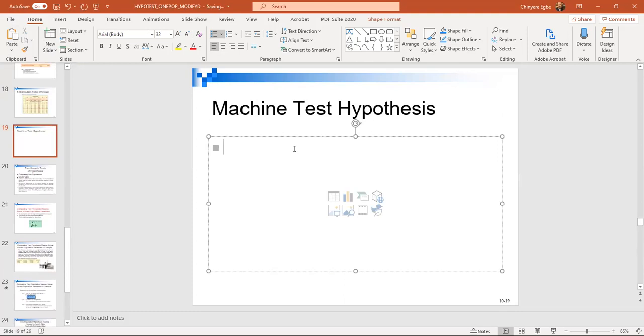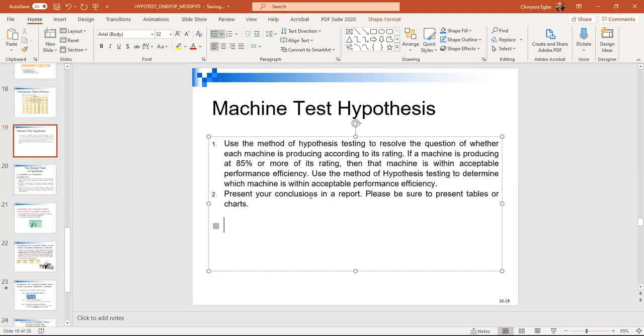All right. Now, our good friend Omar was asking what we need to do. Here is the question. It says to use the test of hypothesis to resolve the question whether each machine is producing at 85% or more of its rating.